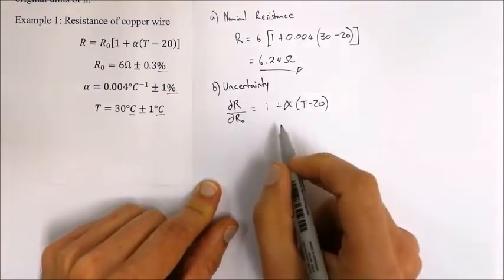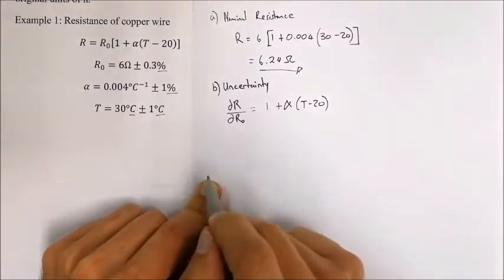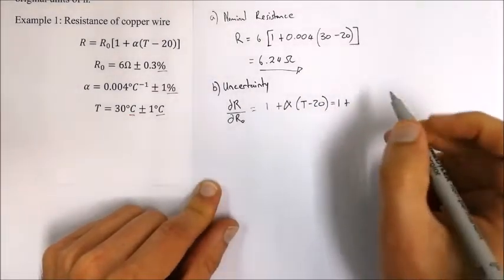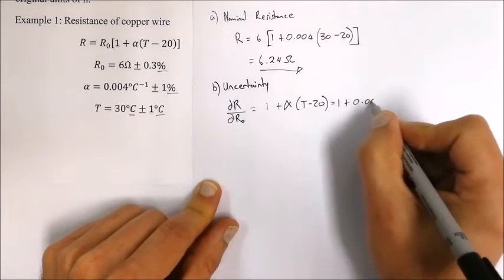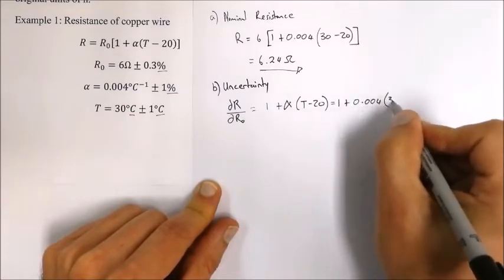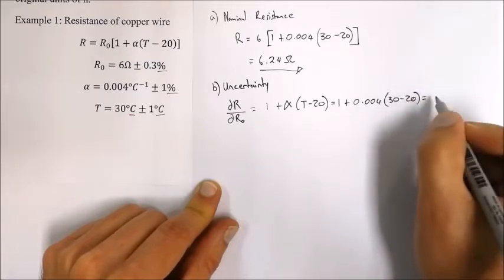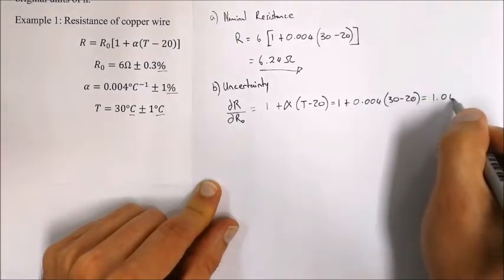Now we just substitute values into that, so that's equal to 1 plus 0.004 multiplied by 30 minus 20, which is equal to 1.04.